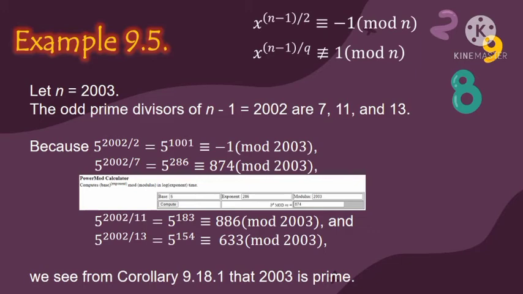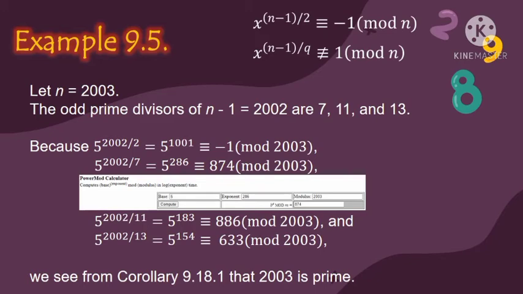Here, 5 raised to 2002 divided by 2 is equal to 5 raised to 1001, which is congruent to negative 1 modulo 2003. A while ago, we said that we should neglect other prime divisors if they are not odd prime divisors. But why do we put 2 here?